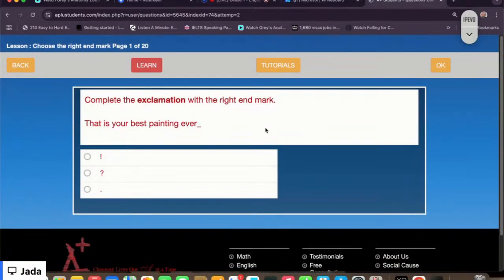Alright, so complete the exclamation with the right end mark. That is your best painting ever. So what are we putting as the end mark here?